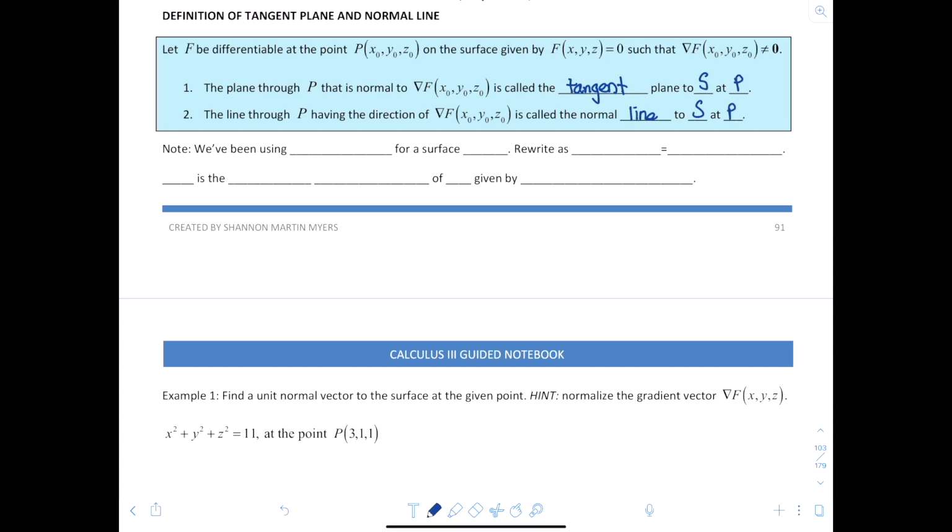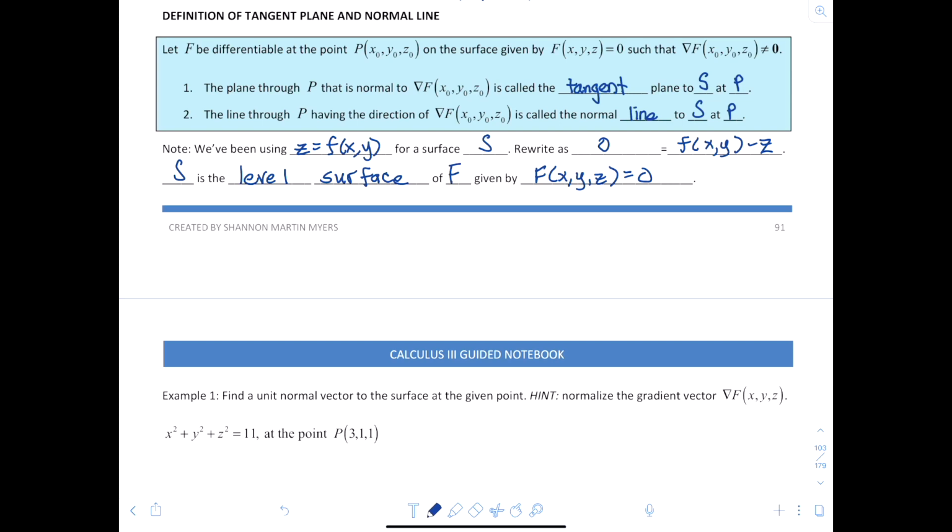Note, we've been using z equal to a function of x and y, for some surface S. If we rewrite this as 0 is equal to f(x, y) minus z, what you have is the surface S, which is the level surface of some F, capital F, given by F(x, y, z) equal to 0.